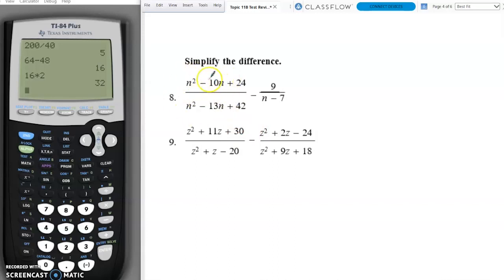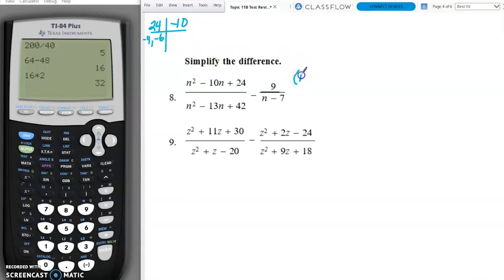So for number 8, since it looks like I can factor this numerator, I'm going to try to factor it to see if I can cancel anything out before jumping into my least common denominator. So I'm trying to factor 24, looking for a sum of negative 10. In this case, that would be negative 4 and negative 6.